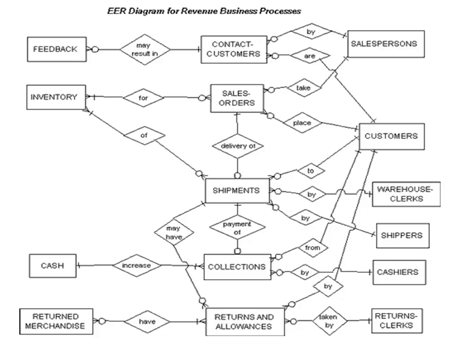So for each feedback, there should be exactly 1 contact with customer. Does it make sense? Why? Yes, so for feedback, there must be a customer. So this mandatory means that. So why is it 1?